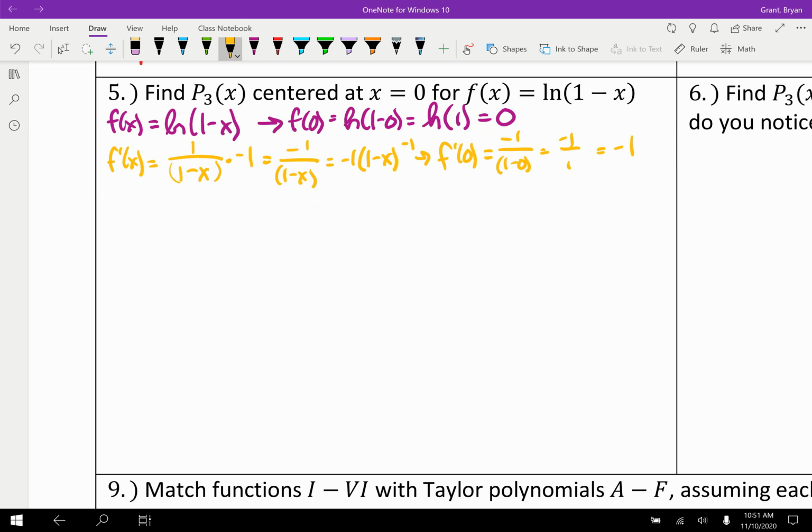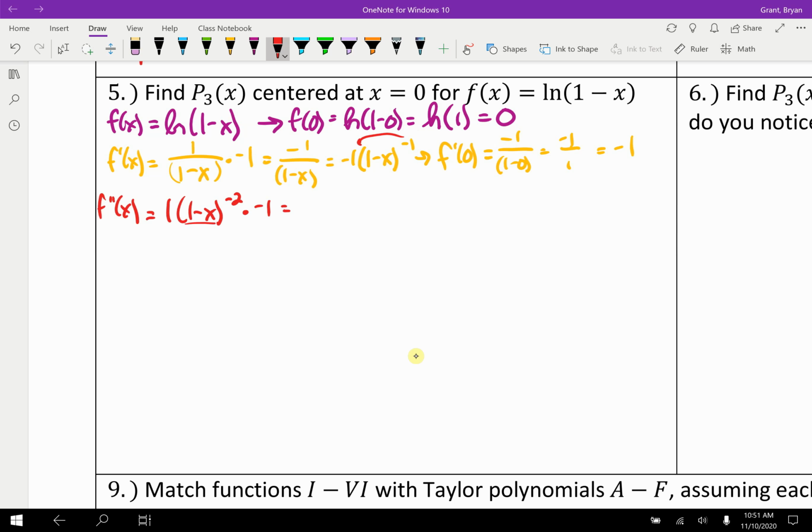Cool. We're going to need the 2nd derivative. We can use all the colors, why not? Second derivative, well, to take the derivative, you could do the derivative of this, or this, or this. But hopefully you realize that our last function is the easiest to take the derivative of. So to take the derivative of this last function here, the negative 1 will come down. This will make it a positive 1 minus x to the negative second, times the derivative of the inside, which is an extra negative 1.